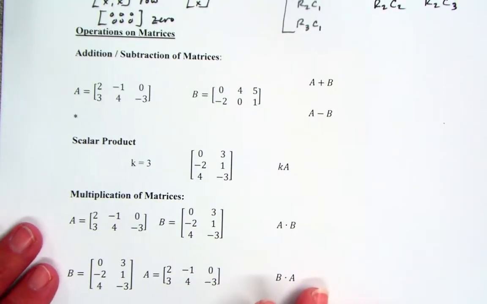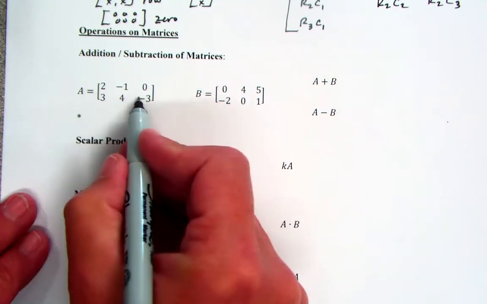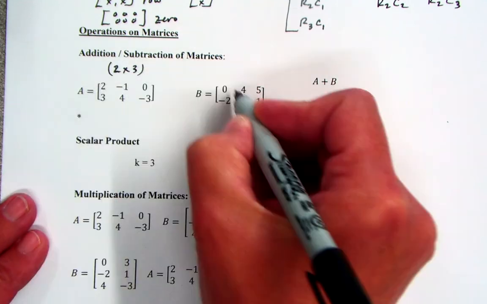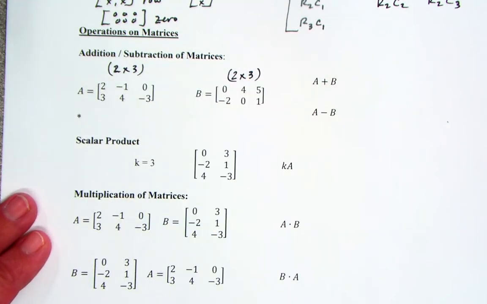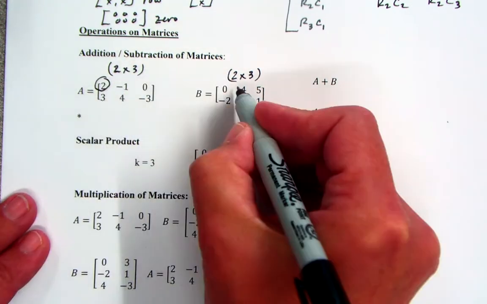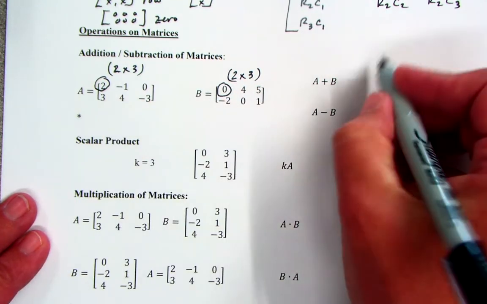We can do operations on matrices, and just use your intuition. If I look at these matrices, this one, let's see, we put rows first, 2 by 3. And this is a 2 by 3. So I can add these matrices. What I'm going to do is take their corresponding entries and just add them. So this 2 gets added to the corresponding entry in B. When I add those, I get 2.